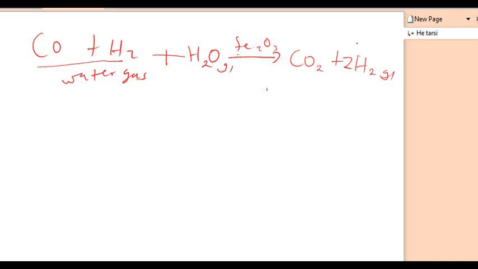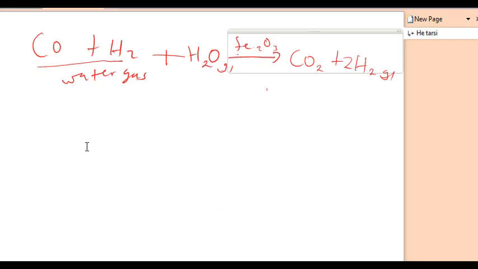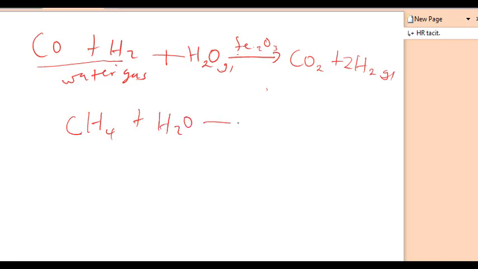Another method is the preparation of hydrogen from methane. When methane, CH4, reacts with steam in the presence of nickel as catalyst, there will be production of carbon 2 oxide and liberation of hydrogen gas.